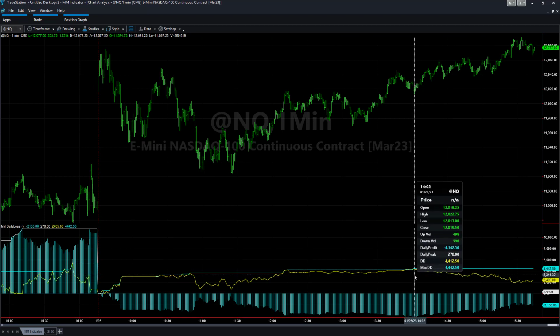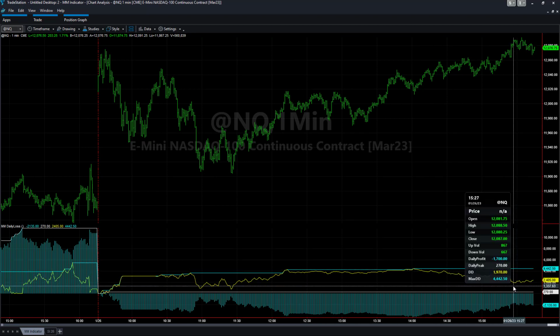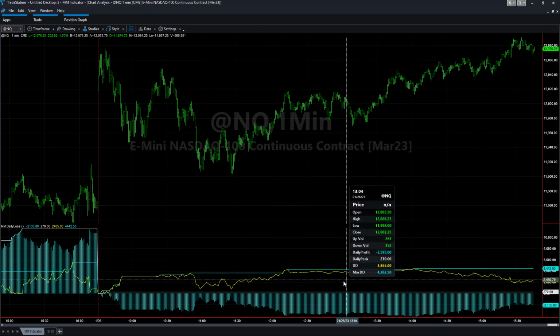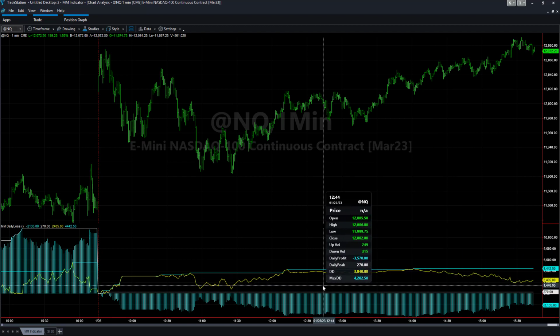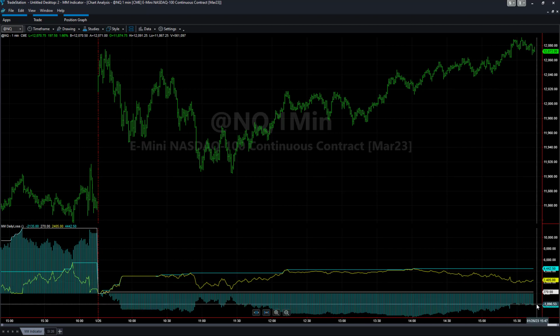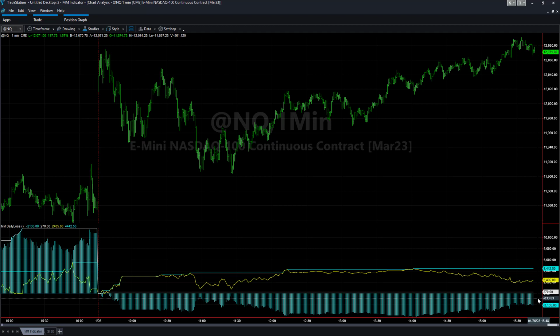And then the yellow line is the current drawdown, and the white line, the daily peak, is only plus 270. So we're only up, for example, today, the best we've done today is plus 270 on the day, and currently we're down, this shows, about 2,000.